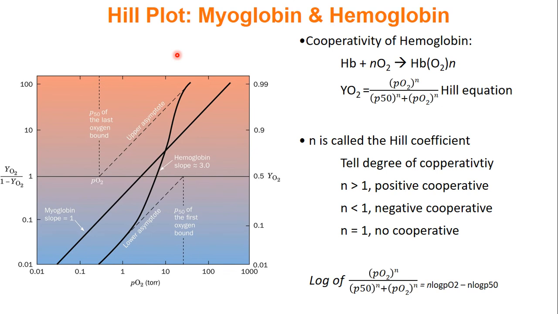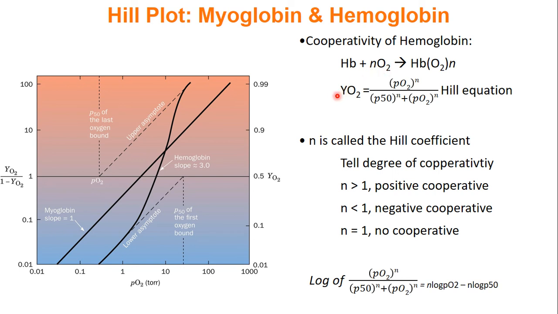Now, when we talk about cooperativity, we have a specialized plot to show that. But first, let's look at the equation. Hemoglobin plus nO2 goes to hemoglobin bound with oxygen n. This n means the number of oxygen molecules.